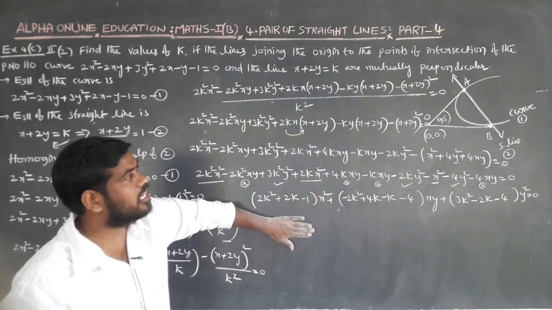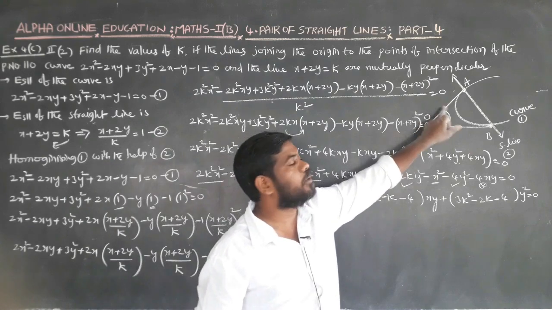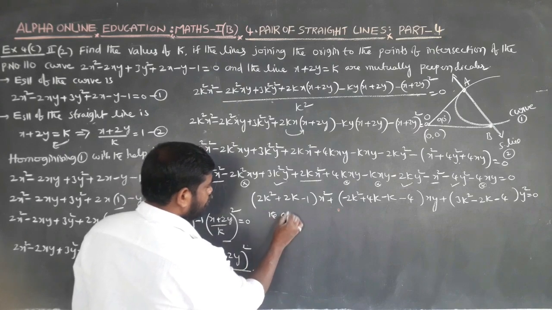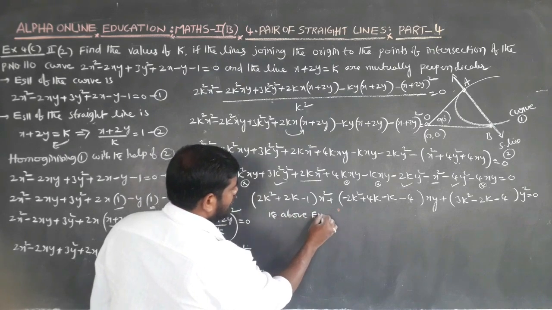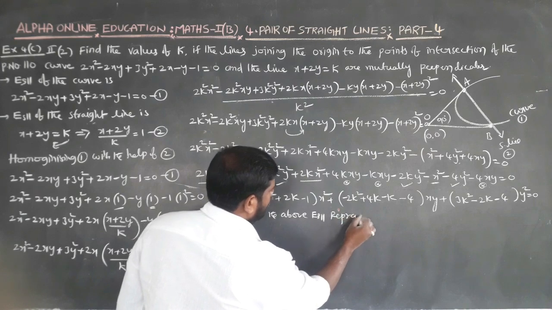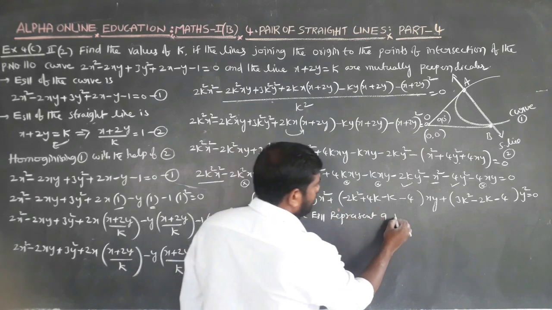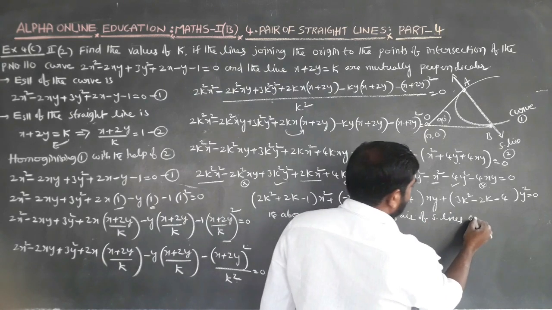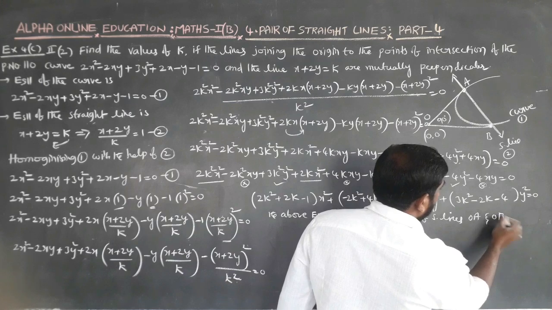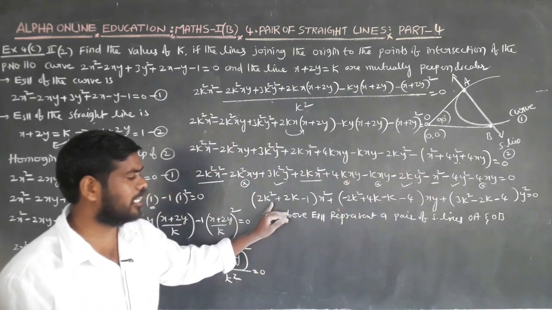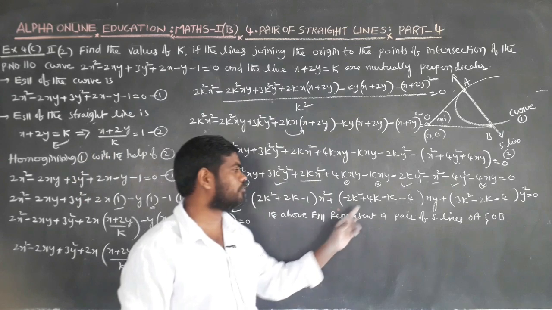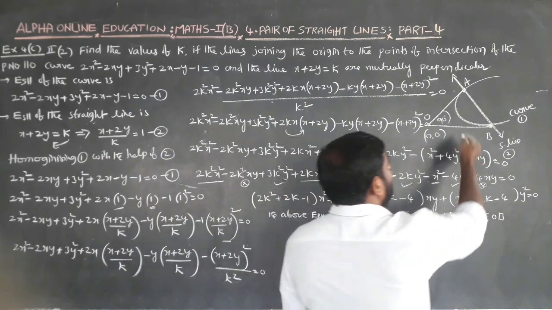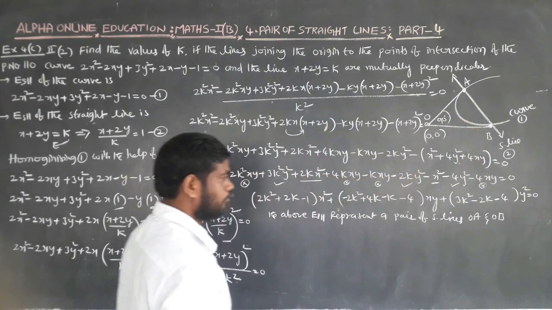This equation represents a pair of straight lines OA and OB. Here, it is already given that the two lines are mutually perpendicular.